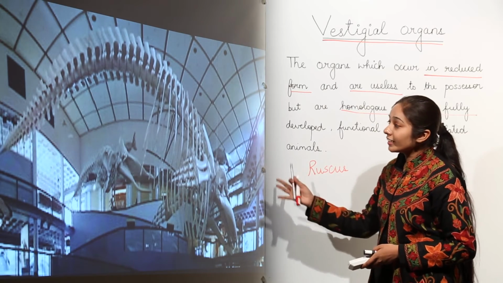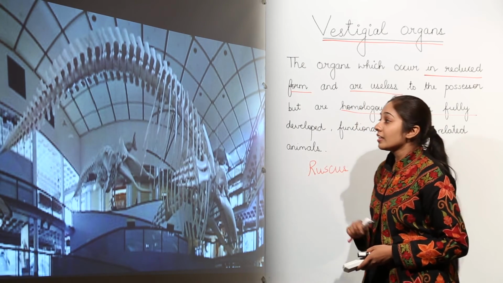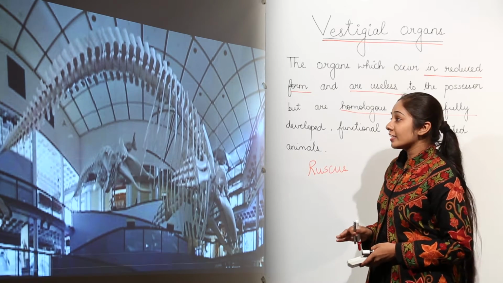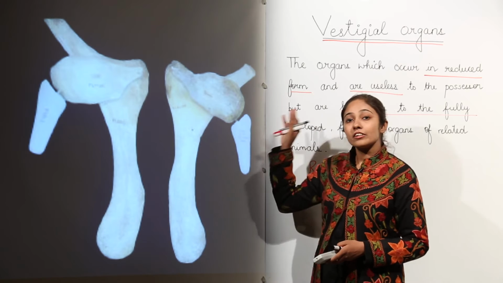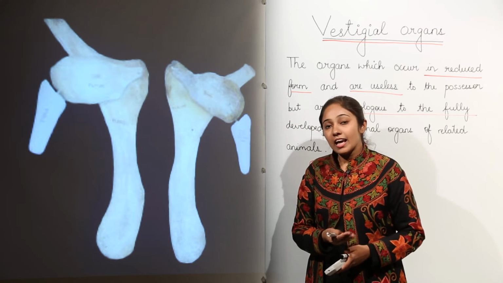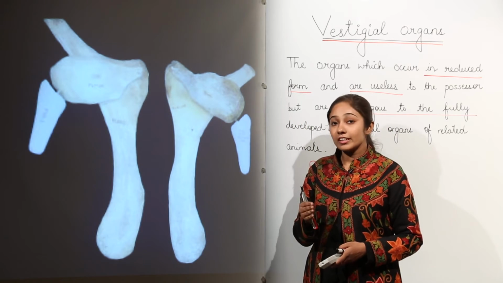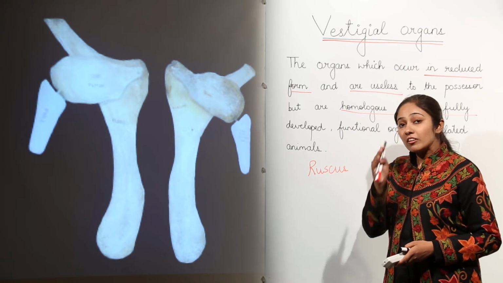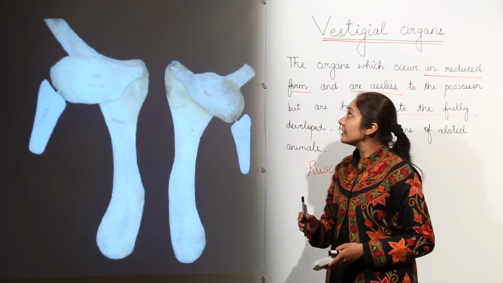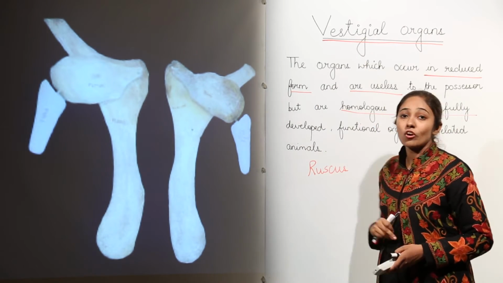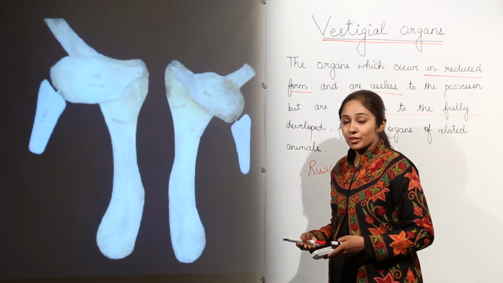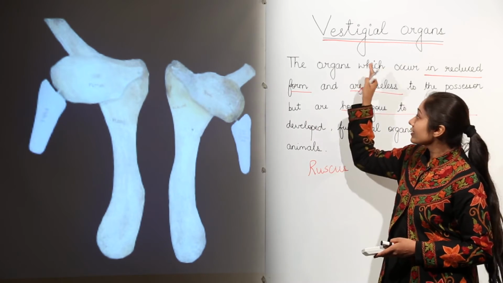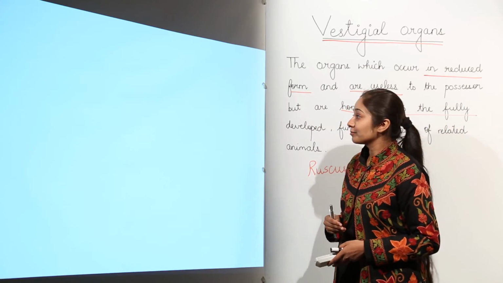When they compared the skeleton of the Greenland whale with other whales, they noticed that Greenland whales have some structures in reduced form, that is a pelvic girdle, and this pelvic girdle is not there in other whales. So that pelvic girdle in Greenland whales is an example of a vestigial organ, since it is reduced and it is not in any use now.